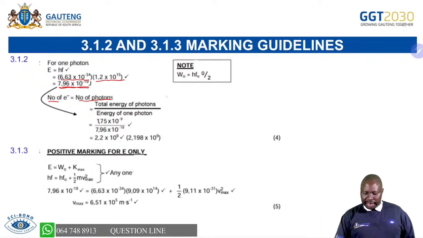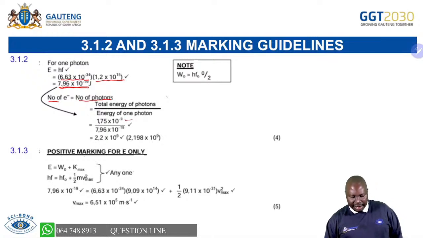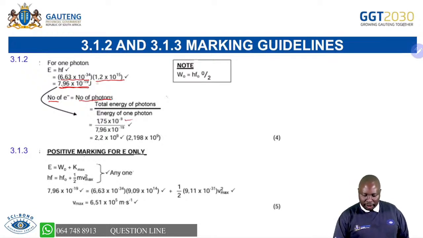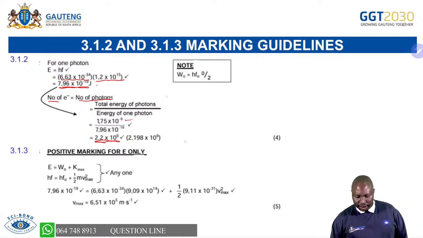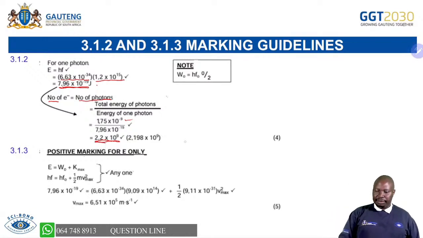So the total energy of photons was 1,75 times 10 to the power of minus 9, and the energy of one photon that we calculated there was 7,96 times 10 to the power of minus 19. So it's the total divided by one photon's energy, which gives us 2,2 times 10 to the power of 9. So at the end of the day, the number of electrons is 2,198 times 10 to the power of 9, or 2,2 times 10 to the power of 9.